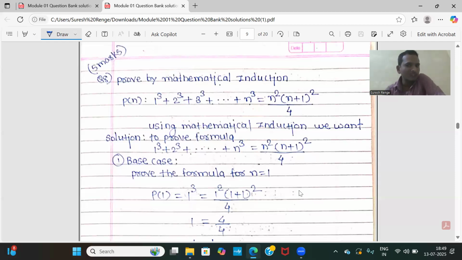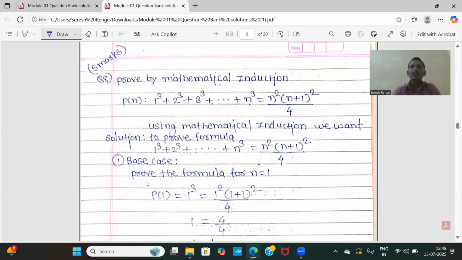After that, by using that inductive step, in the third step, we are proving that the formula is true for k plus 1. And after that, from the above 3 steps, we conclude the given formula is true for all natural numbers. These are the 3 steps included in mathematical induction.